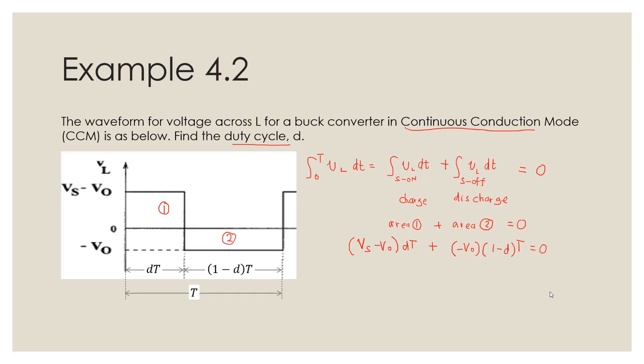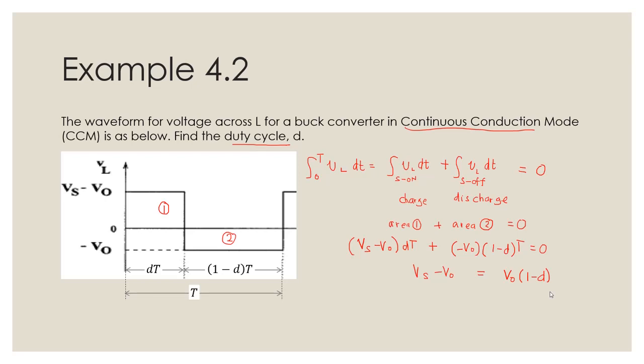So here, (Vs minus V naught) D is equal to V naught (1 minus D).